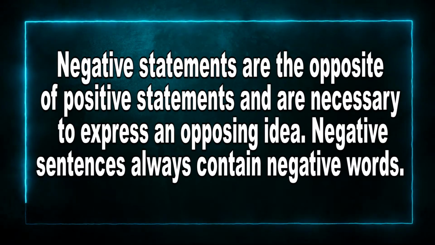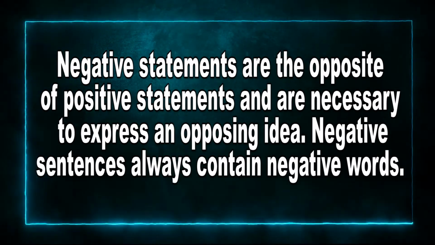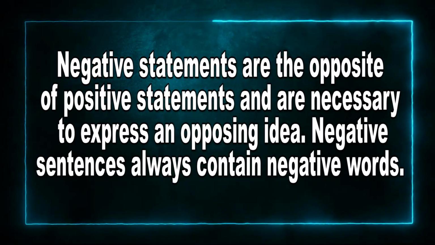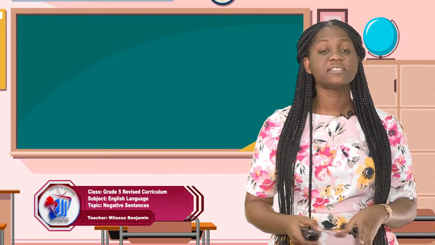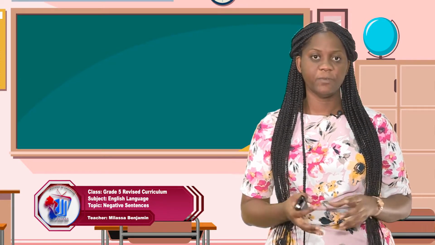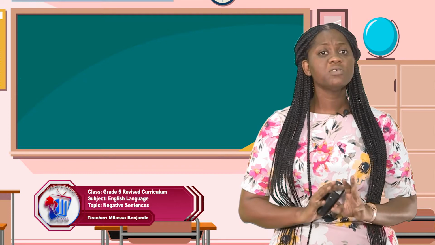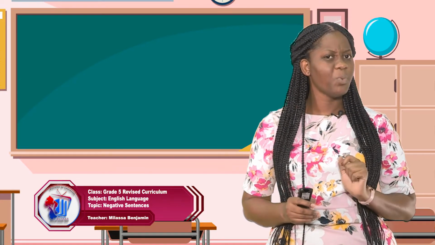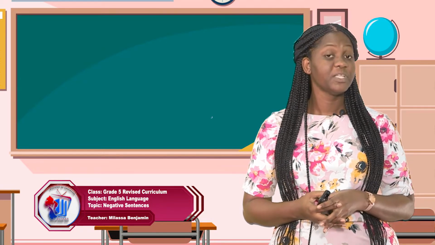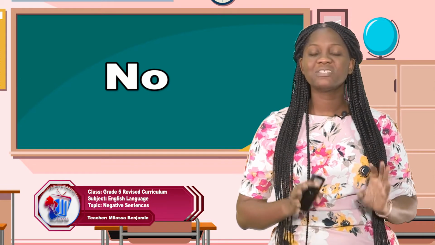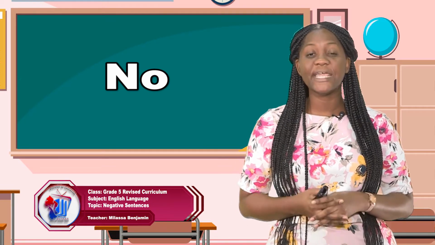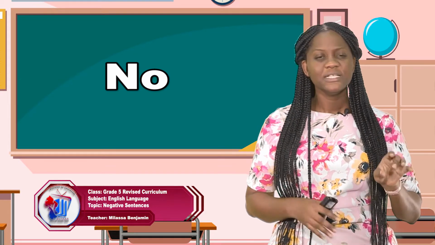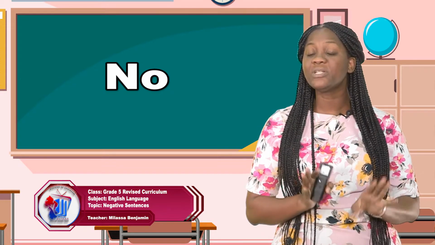Negative sentences always contain negative words. Let's take a look at some examples of negative words. The most common negative word there is, can you guess what that is? Yes, the most common negative word is no. Something that we don't like to hear.